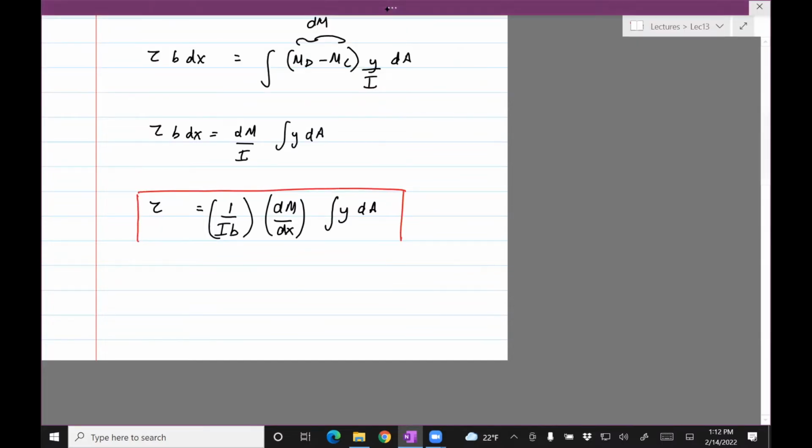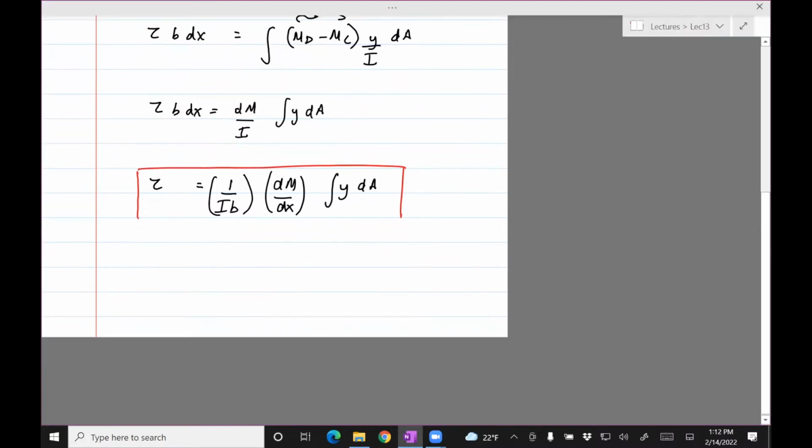Turns out that you normally see it in a slightly different form in the books. You see it as tau equals 1 divided by I b. We know that dm dx, what's dm dx?